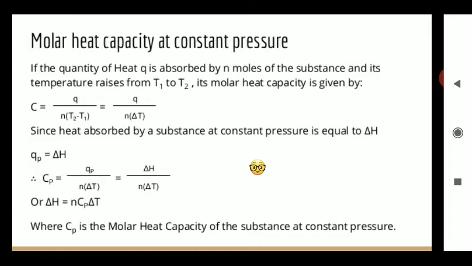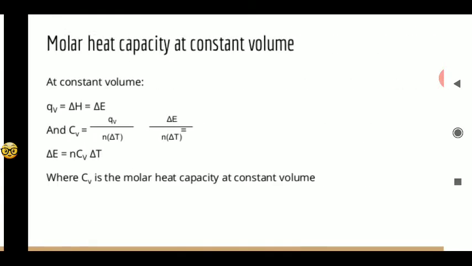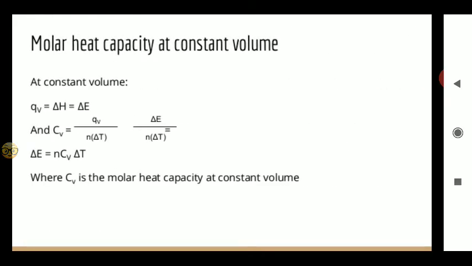Because whenever we express the quantity in terms of moles, the heat capacity becomes the molar heat capacity. And this molar heat capacity can be expressed at constant pressure, while it can also be expressed at constant volume. Now we are proceeding towards the next part, the molar heat capacity measured at constant volume.